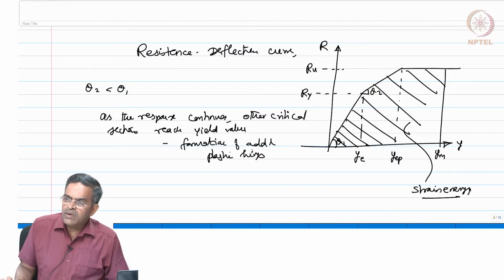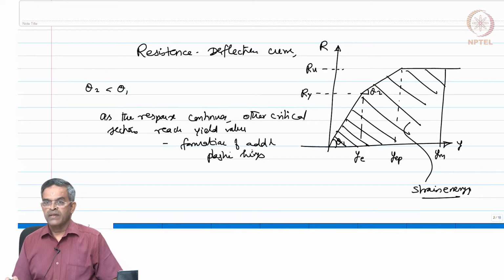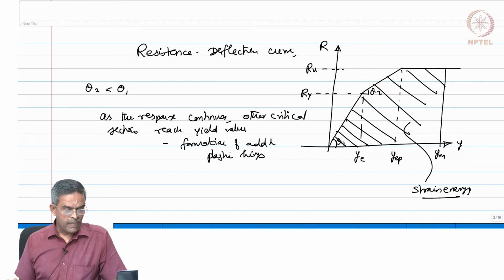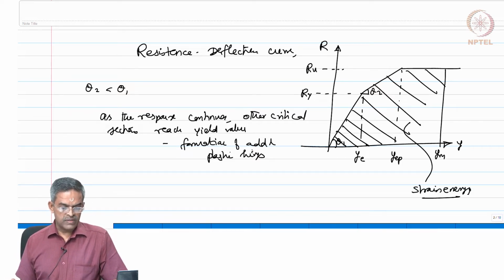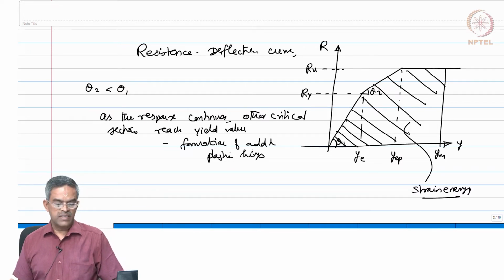So, a little bit let us try to understand what happens to my resistance curve. Okay. So, at yield point changes the slope of resistance deflection curve, and hence the section starts yielding.